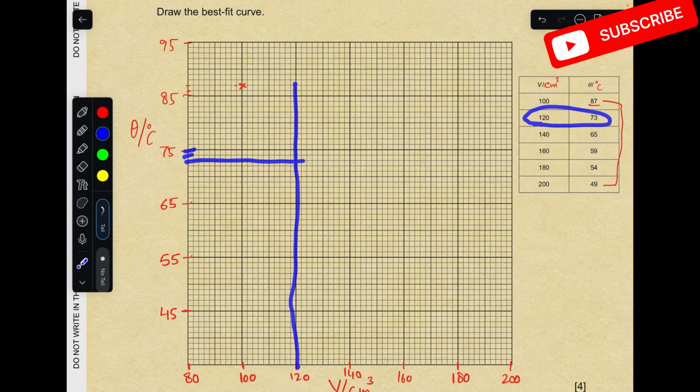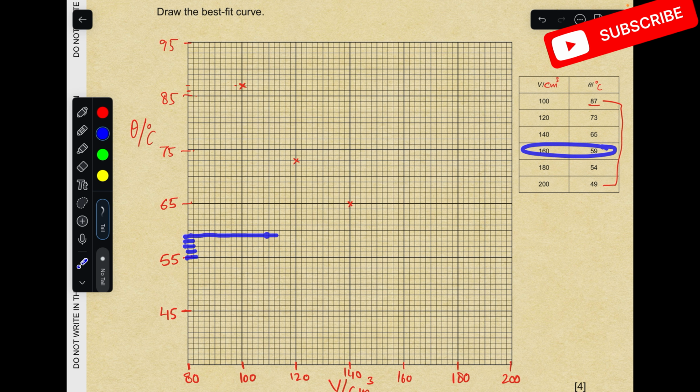Then the third point is 65 and 140. 65 is here, 140 is here, so it's exactly at this point. Then the next point is 160 and 59. This is 56, 57, 58, 59. 59 and 160, so it will be here.